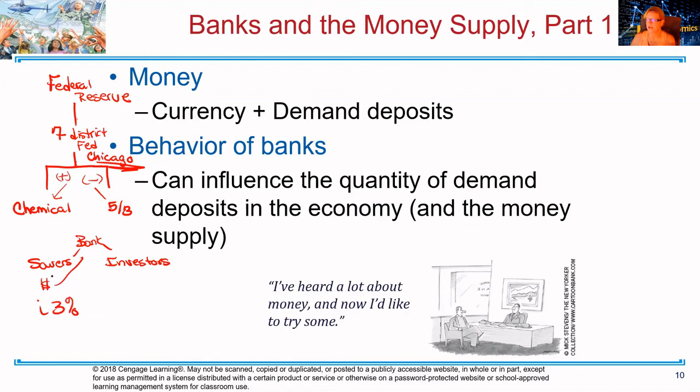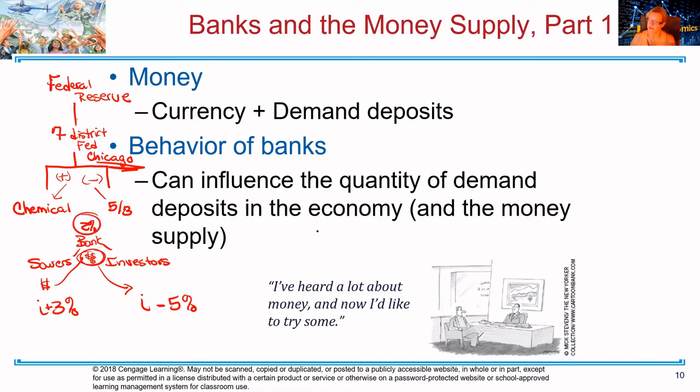So savers are getting a 3% rate of return. The bank then couples all of these savings accounts together and loans it back out to other investors and charges them interest, and they have to pay, say, 5%. The bank then nets the 2%. So this is how banks make money.